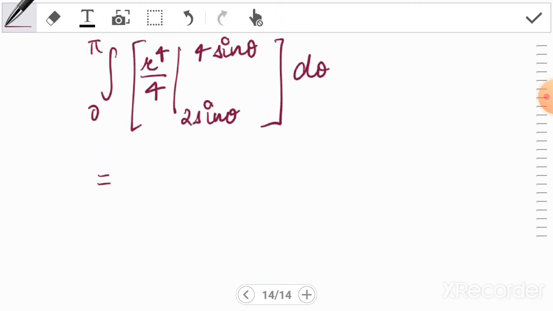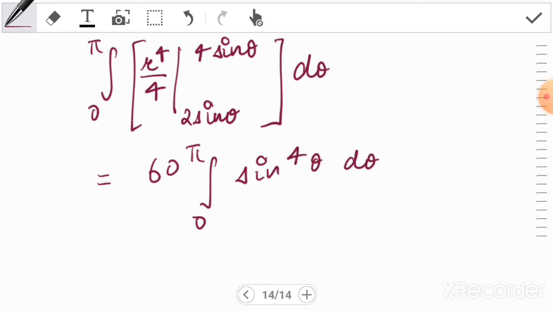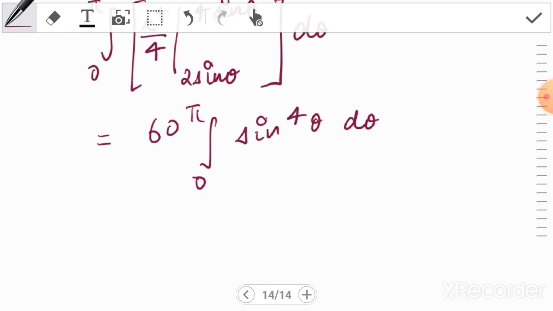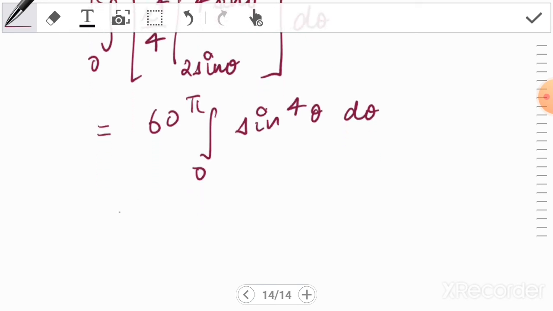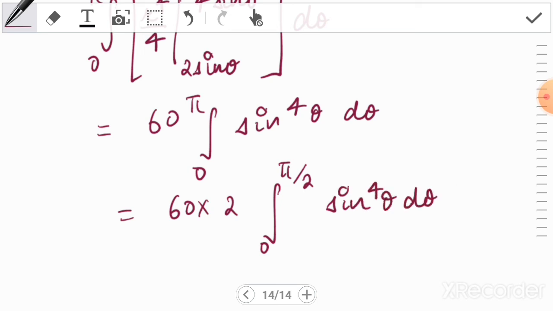Which is 60 times the integral from 0 to pi of sine 4 theta d theta. Now using the property, you can write 60 into 2, integral 0 to pi by 2 of sine 4 theta d theta.